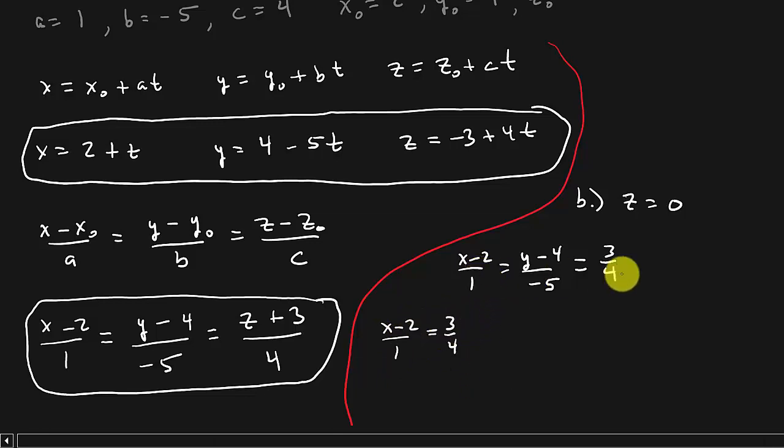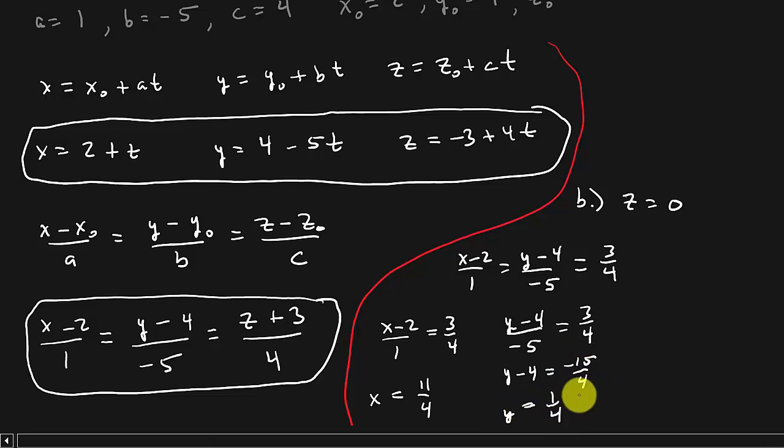So when I solve that for x, I get x equals 11 over 4. And then I'm going to take y minus 4 over negative 5, set that equal to 3/4. And so that's going to give me y minus 4 equals negative 15 over 4. So y is equal to 1/4.